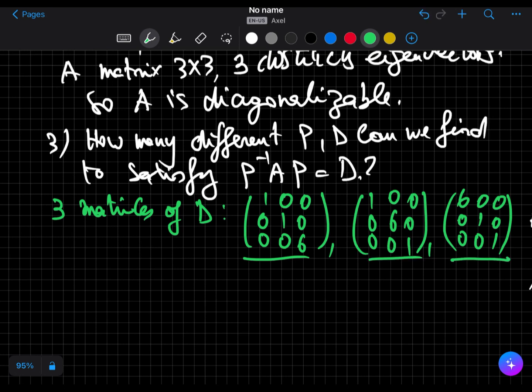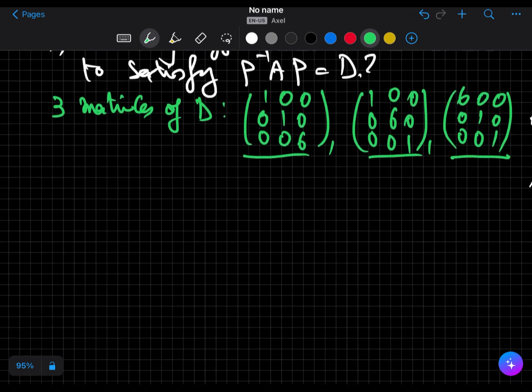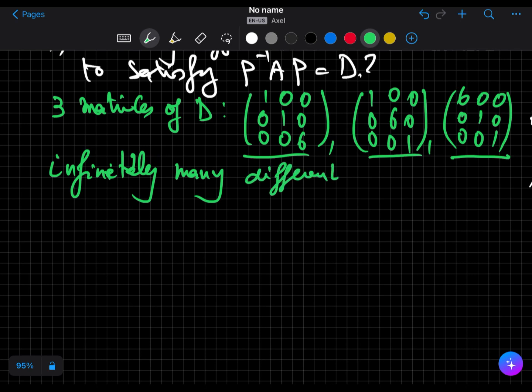From these combinations of D, we can have infinitely many different P matrices.